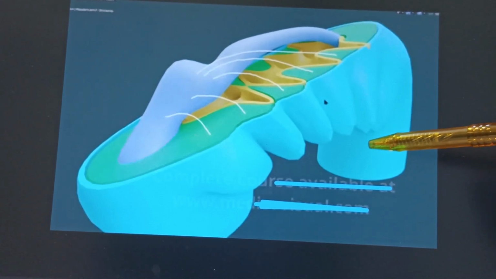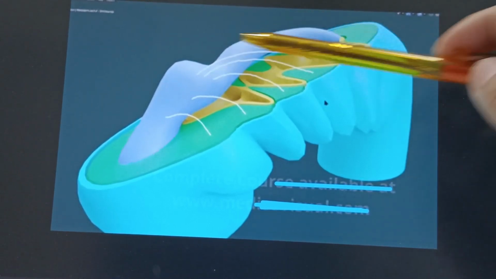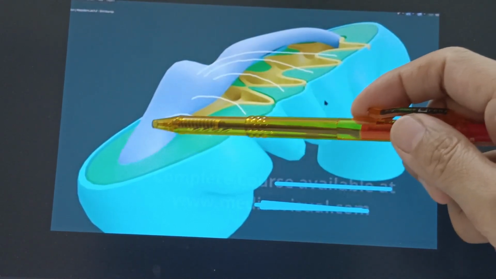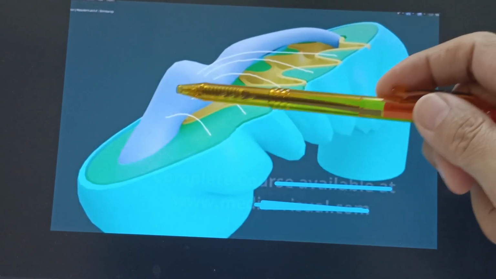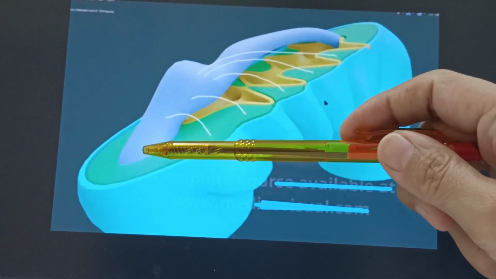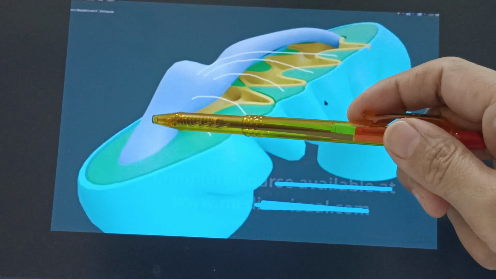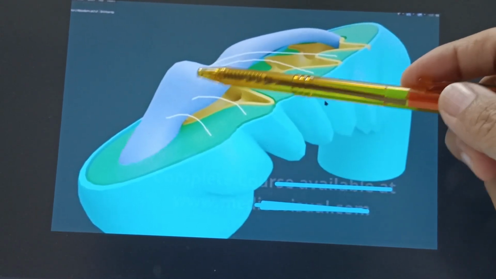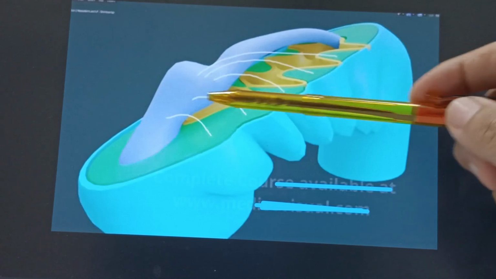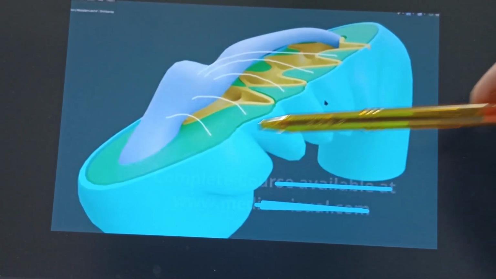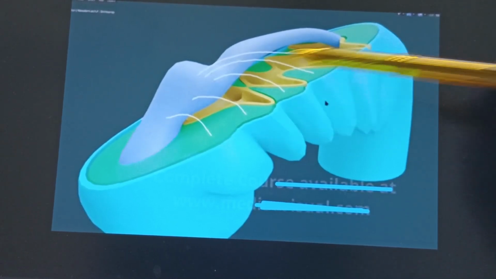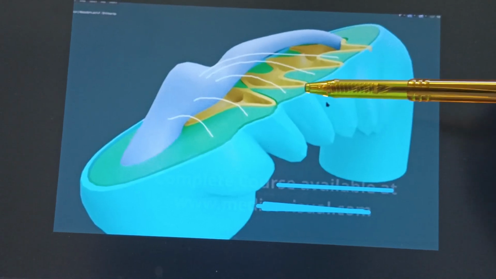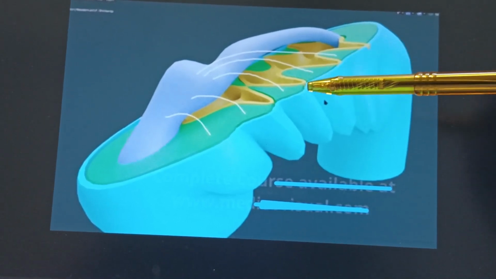This is the neural tube, and in the cephalic region this is the prosencephalon, this is the mesencephalon, and this area is the rhombencephalon. From the rhombencephalon, the neural crest cells are migrating into the respective pharyngeal arches. This diagram is to show you all this detail.